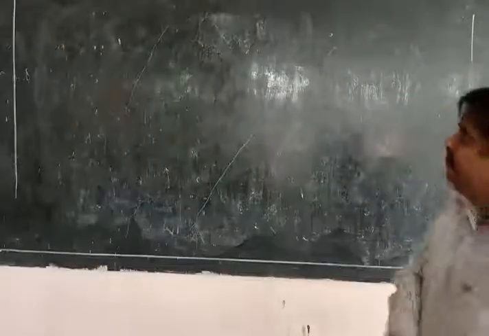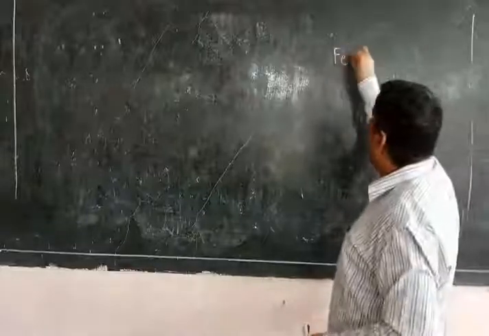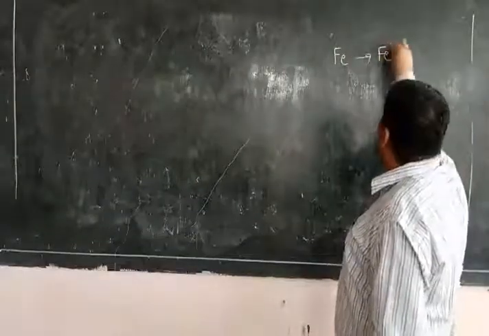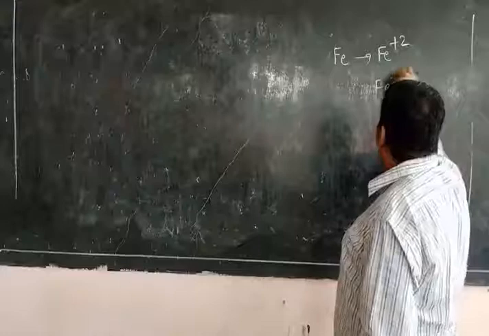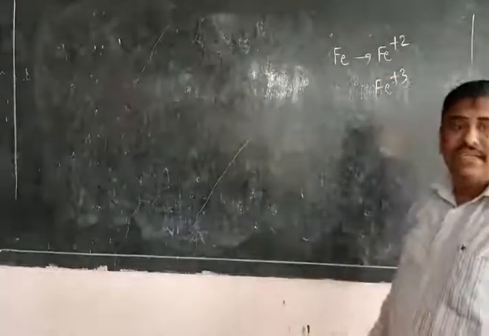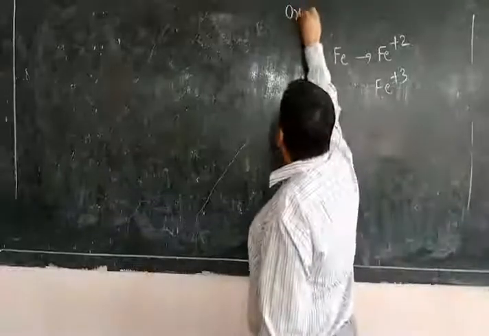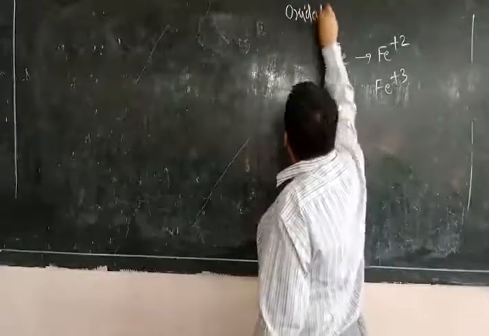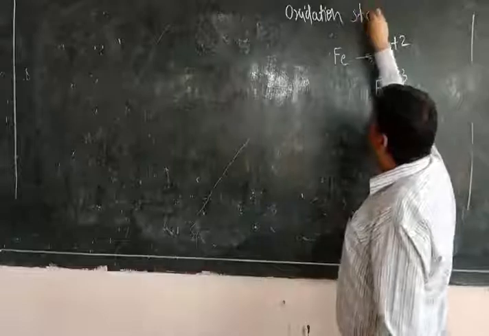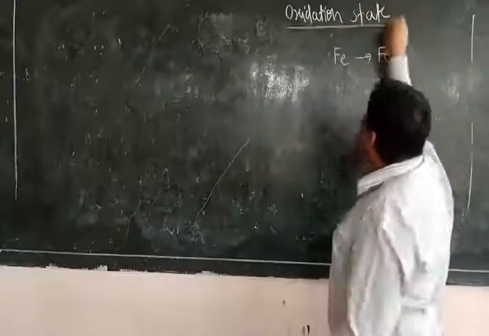For example, you have Fe. Fe shows Fe plus 2 oxidation state and Fe plus 3. Ferrous as well as ferric. So plus 2 and plus 3 are called oxidation states.